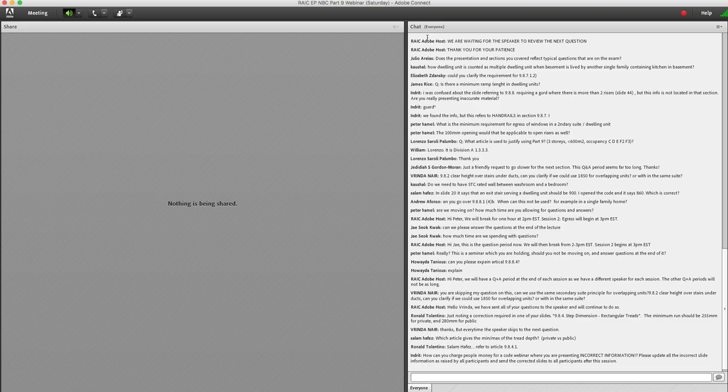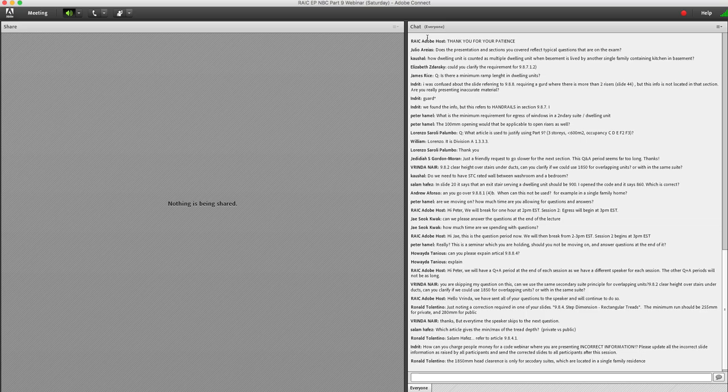There is a comment here, just note a correction required on one of your slides, 9.8.4, step dimension rectangular treads. The minimum run should be 255 for private and 284 public. So that is correct. If the slide is not correct, we will certainly update that.